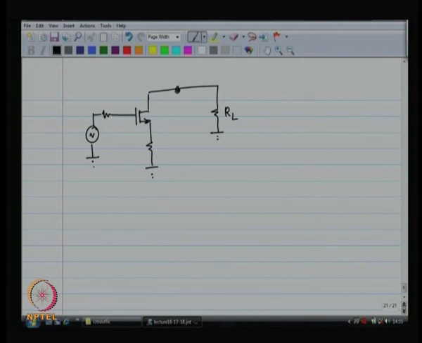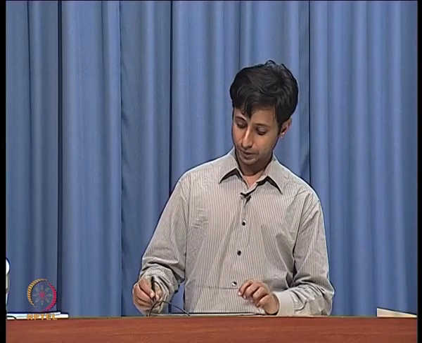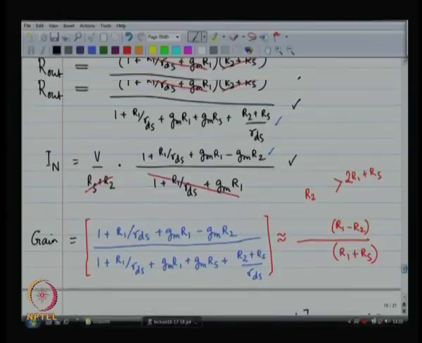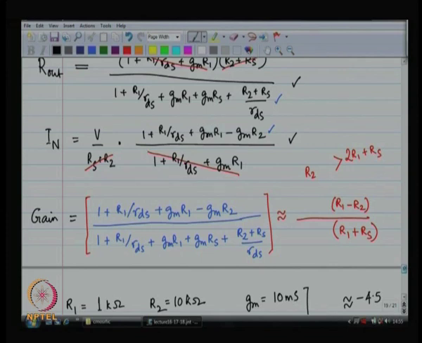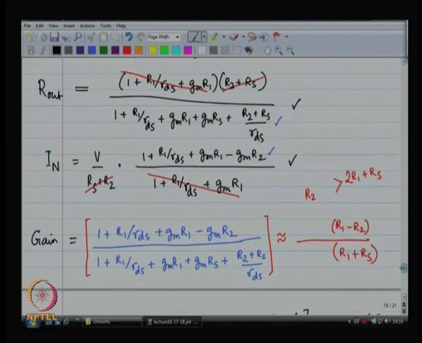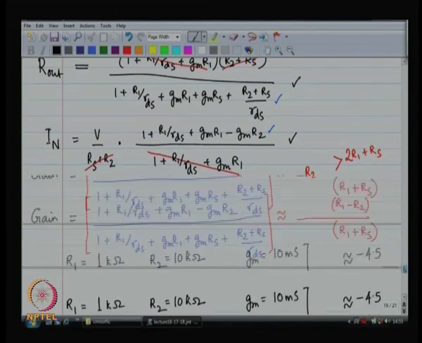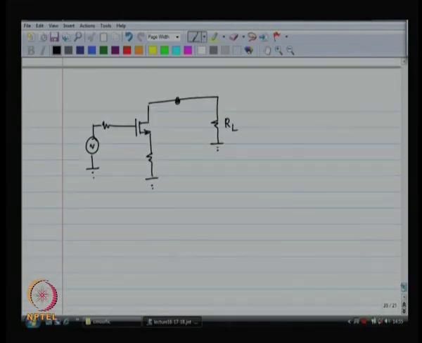Oh, I did not even consider a load RL. You basically have to put RL in shunt with whatever output resistance you have got, or what you can do is you can split the gain that you have got over your R out and your RL, and you can find out the net gain. That is also fine. So, for now I earlier assumed that RL is very, very large.